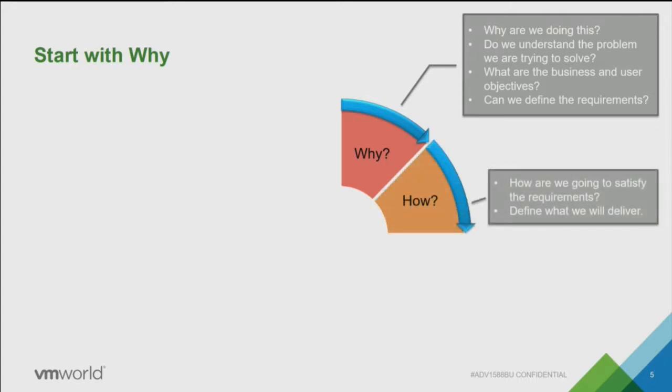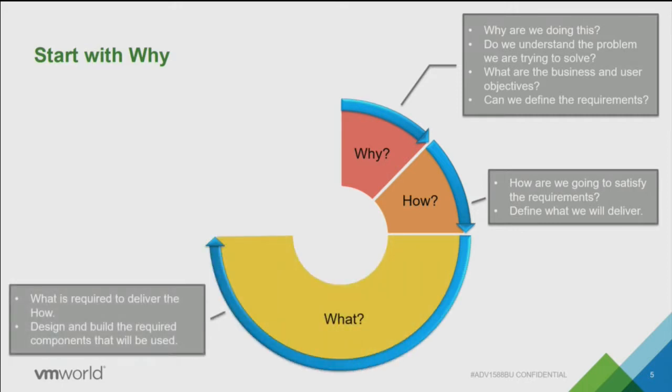Next thing you need to understand is the how. Once you understand why you're doing it and the requirements, work out how you're going to solve that problem. And then we can get to the nuts and bolts, the what. What is going to fulfill my how? I now know I'm not building bicycles.